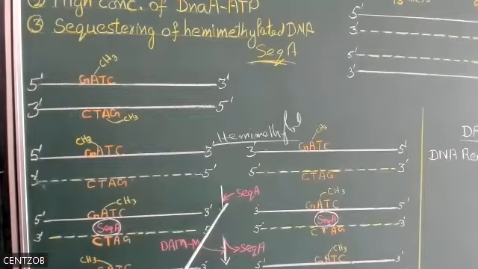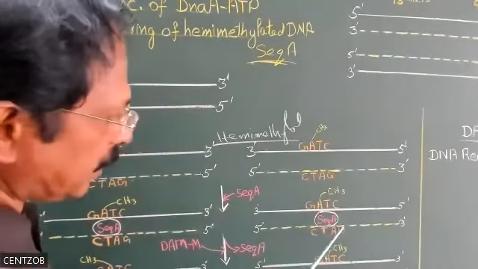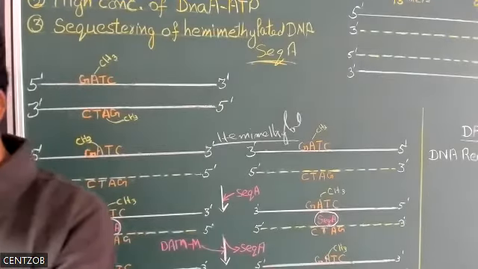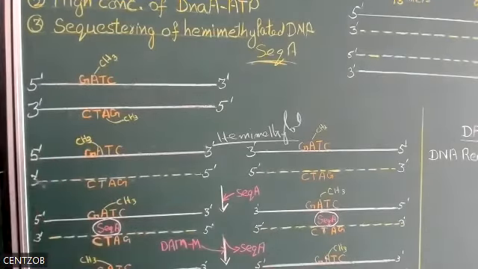The SeqA protein will bind with this GATC sequence. See it? So here in the GATC sequence, the SeqA will bind. So once this SeqA protein is tightly bound to the GATC sequence of hemimethylated DNA, there are two consequences.